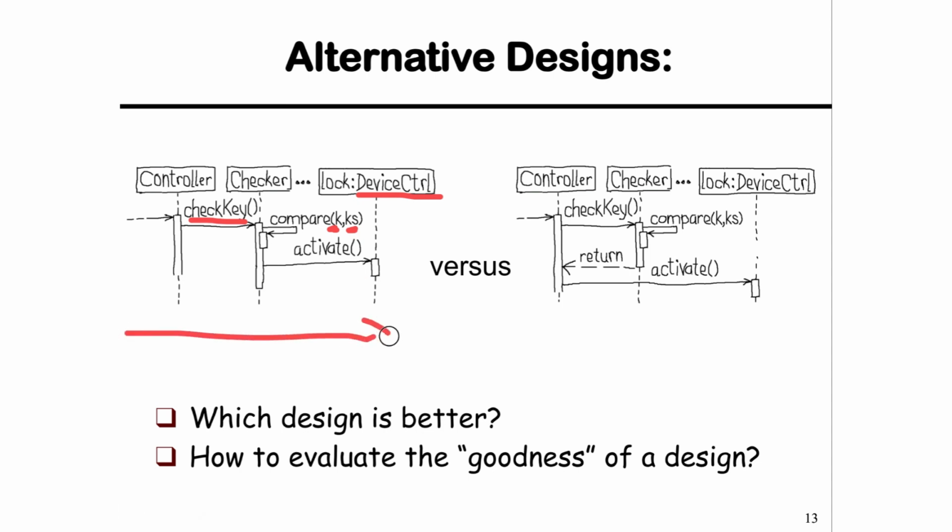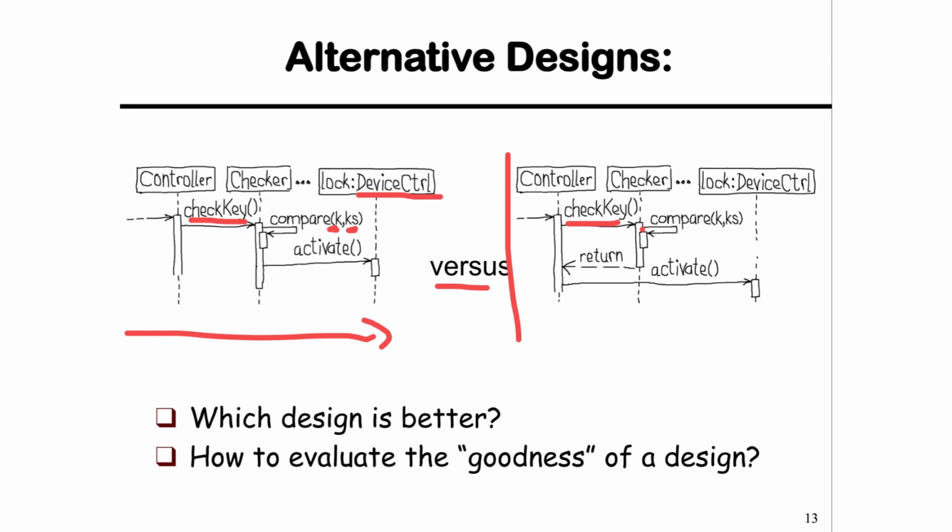So in this case, for instance, the controller triggers the check key function, and the checker again compares and activates the device control directly. But when you come to the second alternative, to the right side of this screen, we do have the same number of objects here, but the control flow is a bit different. So here, the controller triggers the check key, which is the same as the previous sequence diagram.